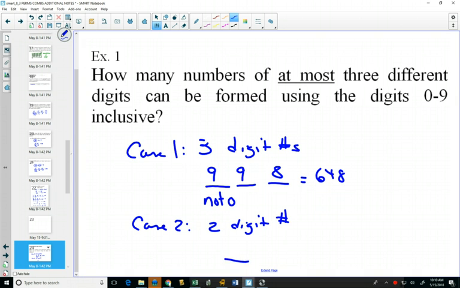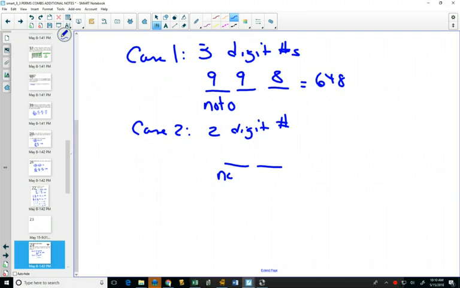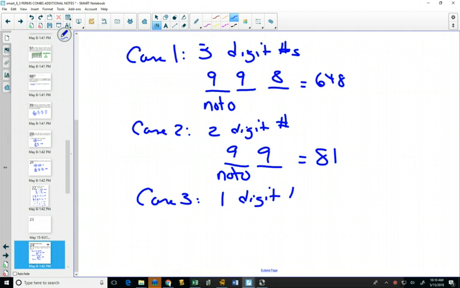two-digit numbers. Again, can't start with 0, so 9 and then 9, 81, and then case 3, and now we can get into a one-digit number. How many choices do we have? Is 0 a one-digit number? What do you feel?